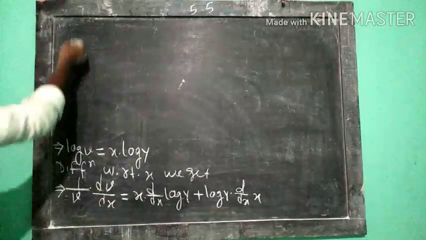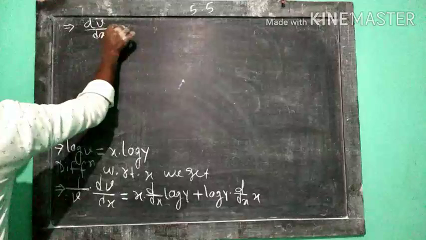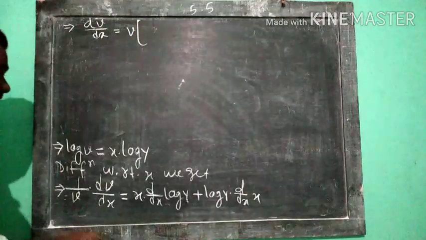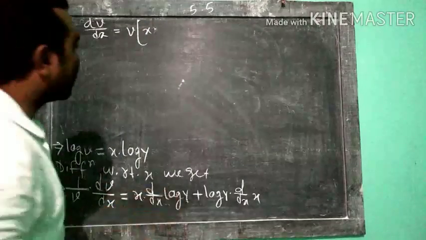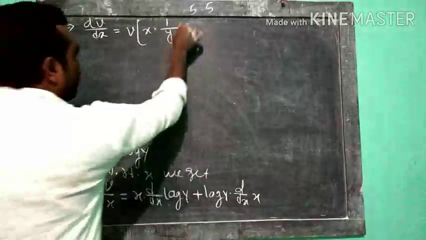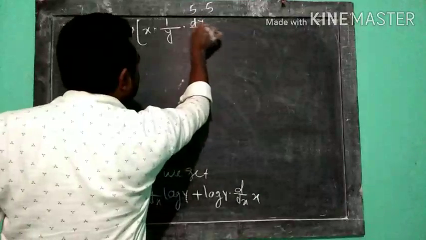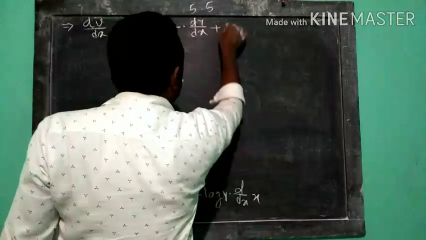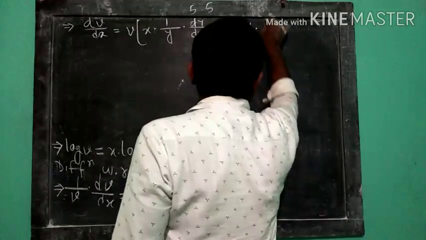So dv/dx is equal to v whole into x into d/dx of log y. d/dx of log y is 1 by y into dy/dx, plus log y into d/dx of x, which is 1.